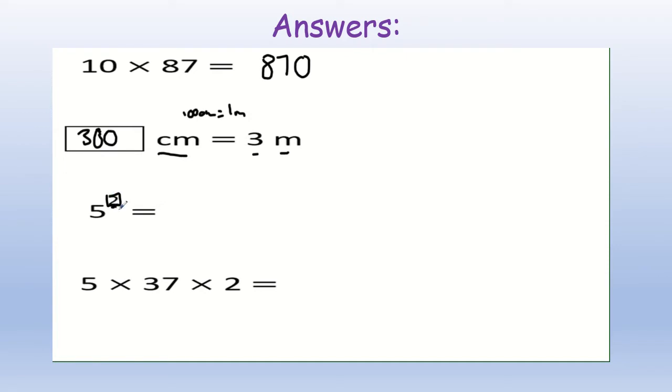This little number 2, the squared sign, means times by itself, so you're really looking for 5 times 5. Excellent, it's 25. Now we have 5 times 37 times 2.